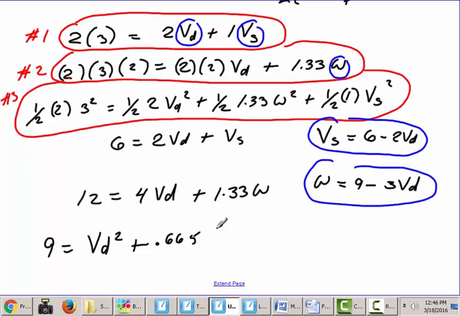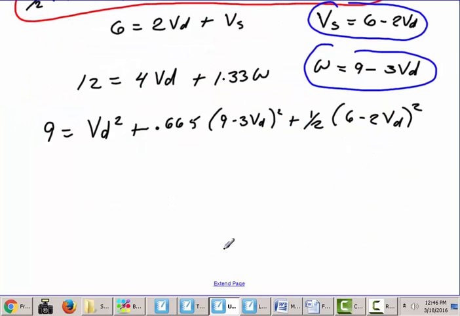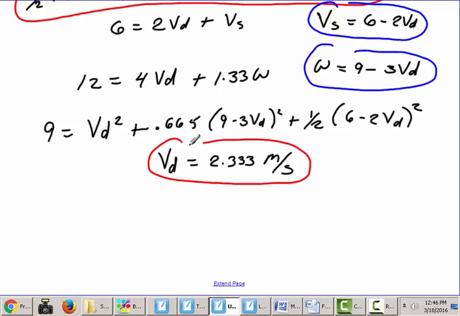I'm going to substitute back in omega of 9 minus 3VD squared plus 1/2, and then VS we put in here, 6 minus 2VD squared. At this point you'll just have to solve for VD, and you can find out that VD will equal 2.333 meters per second. And then once you know VD, go ahead and put VD back into this equation here, and you will find out that omega will get you 2 radians per second.